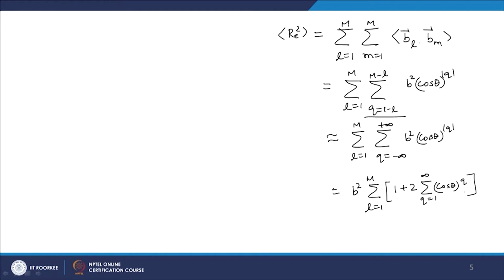Again I am doing the same kind of approximation we had earlier. So, again we have 2 multiplied by this. Again this is a geometric series. This will be equal to cos theta by 1 minus cos theta, and the result we will have is MB square times 1 plus cos theta by 1 minus cos theta.